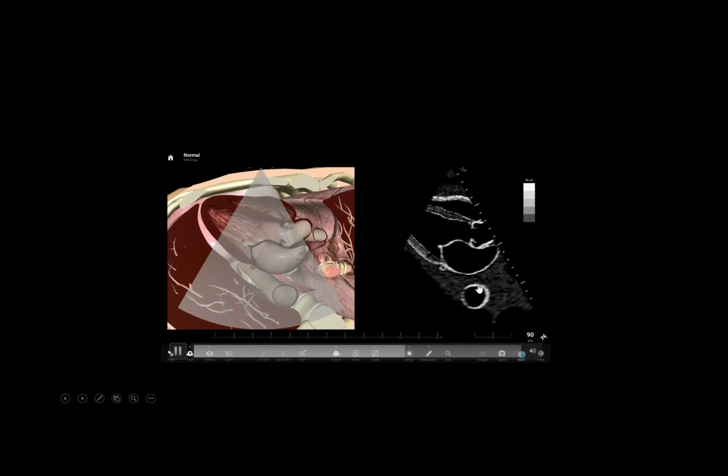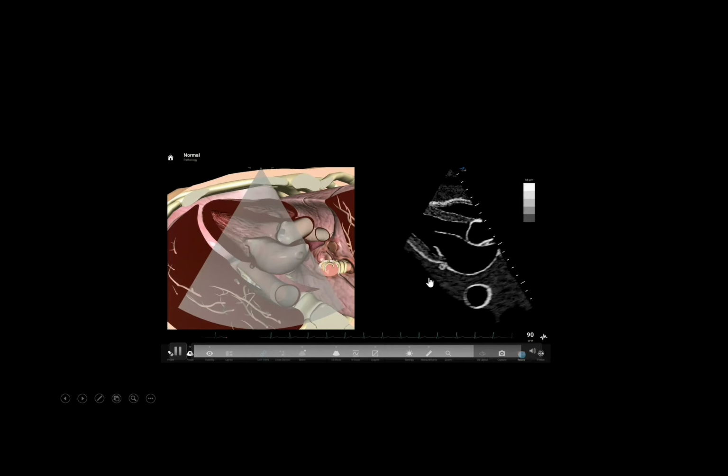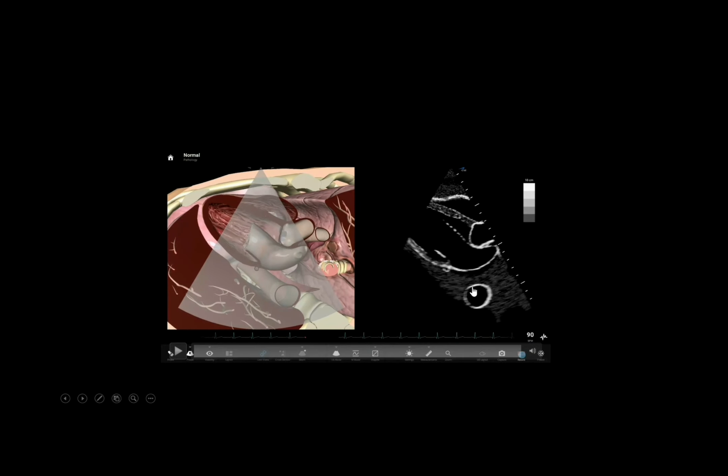Descending aorta is an important landmark to distinguish pericardial effusion from pleural effusion. Any fluid above the descending aorta is considered as pericardial effusion, and any fluid below the descending aorta is pleural effusion.